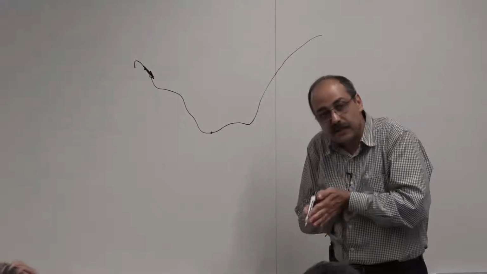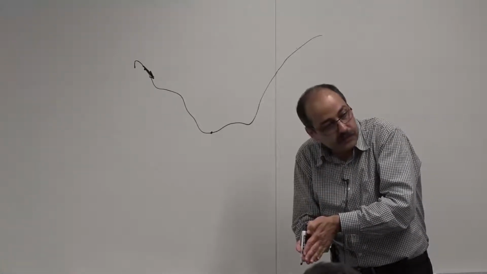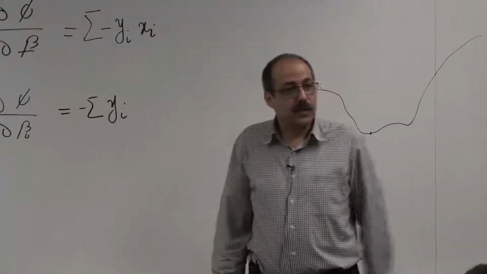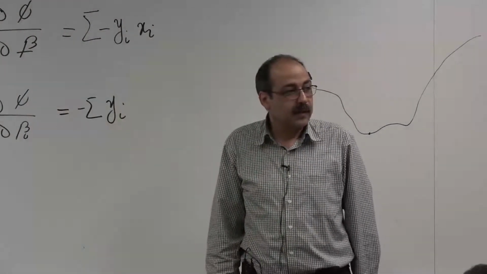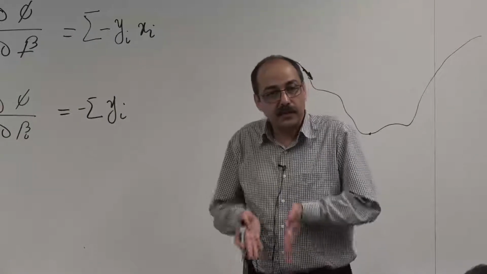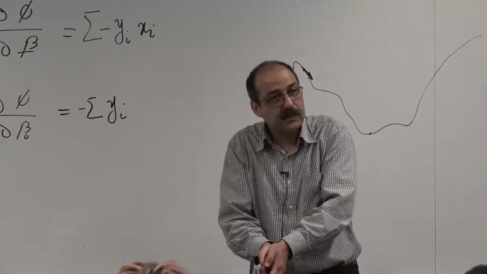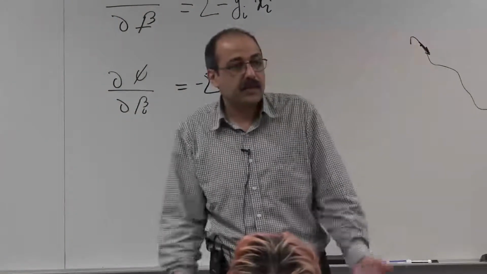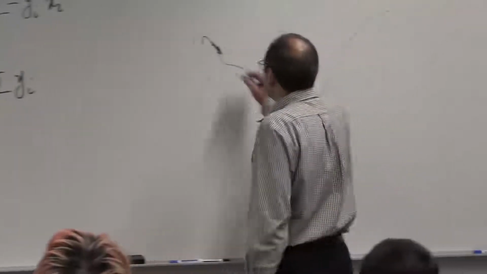Basically, it tells me the direction toward the minimum, and then I take one step toward the minimum. Then I compute the gradient again, and the gradient tells me the direction again. Then toward that direction, I take another step. It's a very simple algorithm. It's called gradient descent, right?